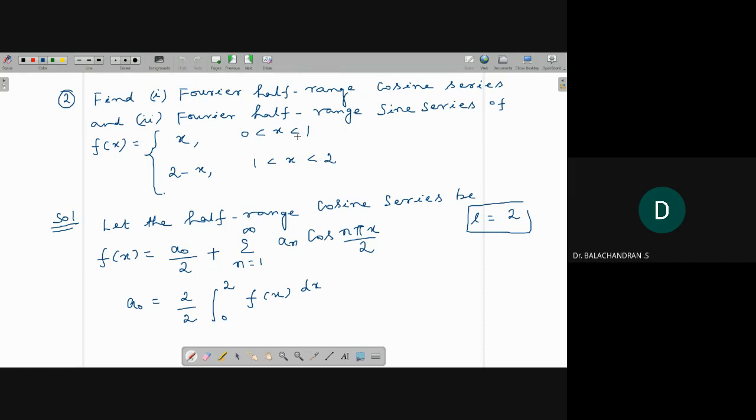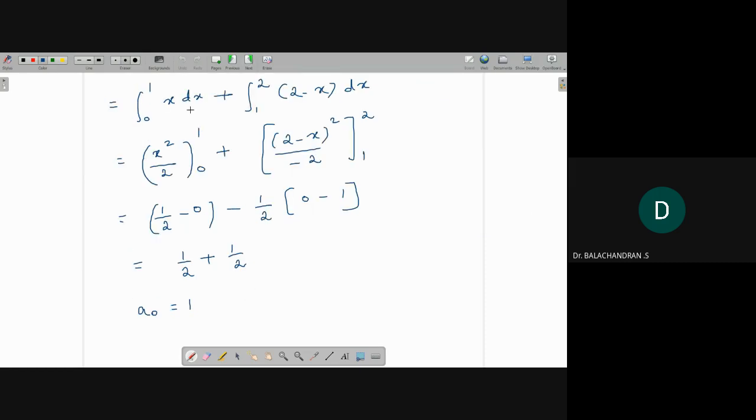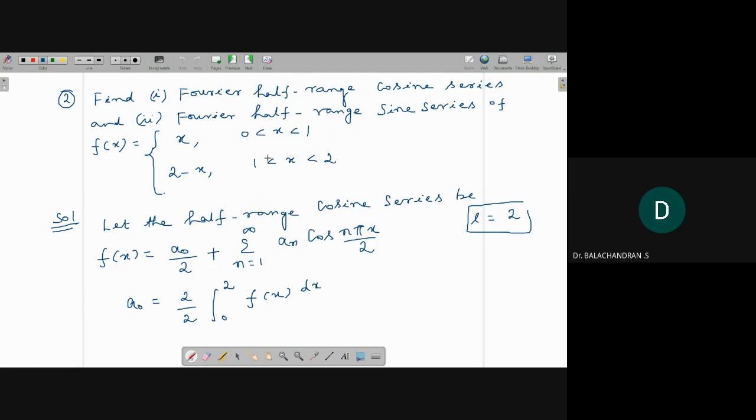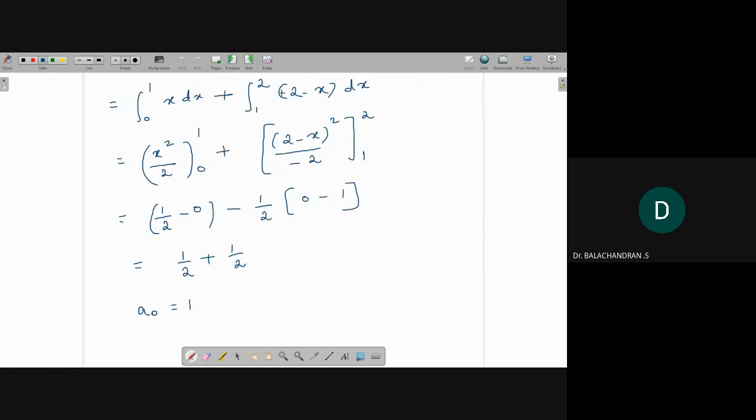So from 0 to 1, what is f of x? x. And then from 1 to 2, what is f of x? 2 minus x. So now if you integrate x, you will get x square by 2, from 0 to 1, plus if you integrate 2 minus x, you will get minus 2 minus x whole square by 2, limit from 1 to 2.